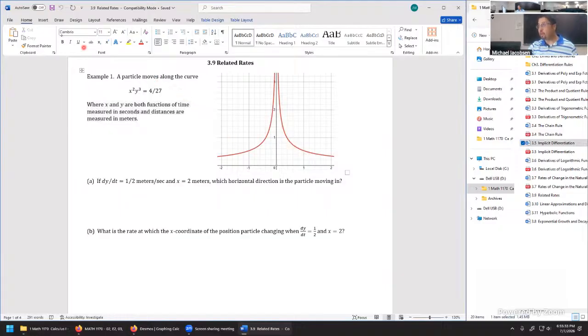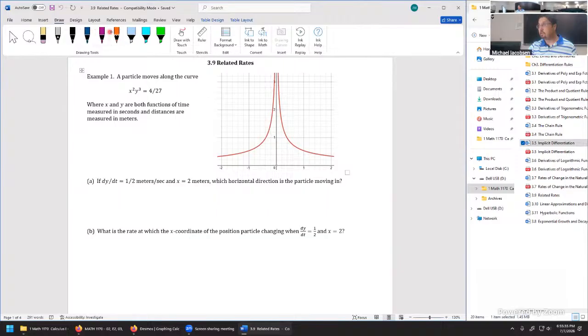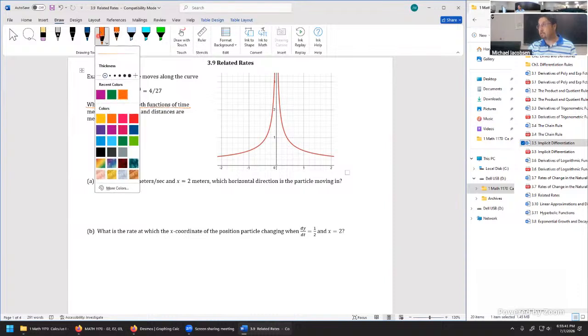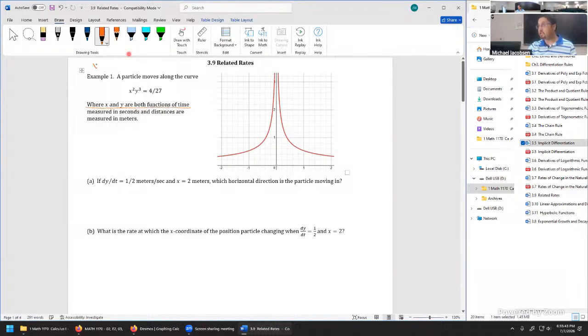So if x and y are both functions of time, that means x is some function, f of t, y is some other function, g of t. These are unknown functions.